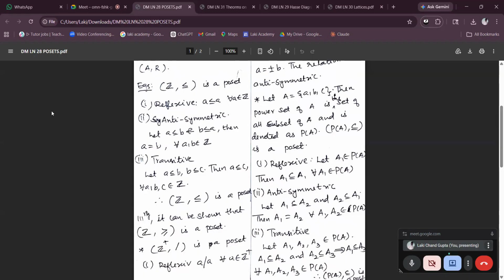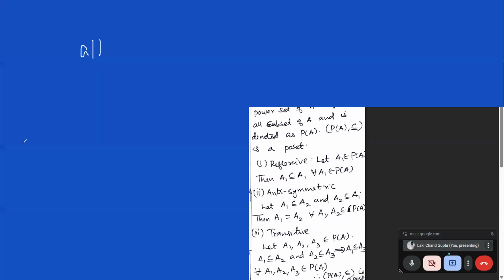No, actually this is a parallel line. It is written like this, but you use a parallel line. Okay. Yes, Poset. So this is a Poset.